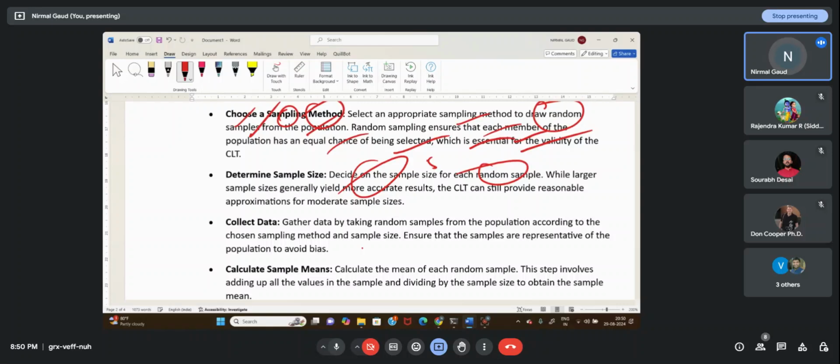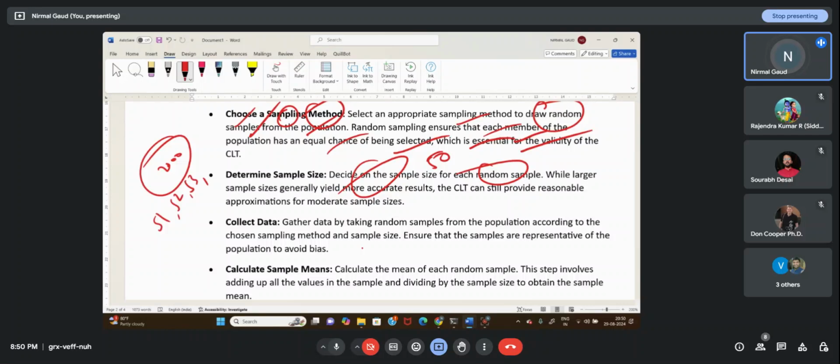For example, you have 2000 people present in the carnival, and you are drawing 50 data points. Whatever sampling you are doing, however many samples you are collecting, each should be 50. So sample 1 is 50, sample 2 is also 50. Don't change the sample size, otherwise it will be an issue.